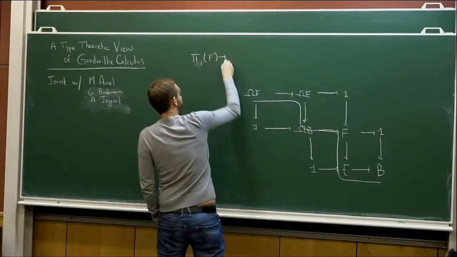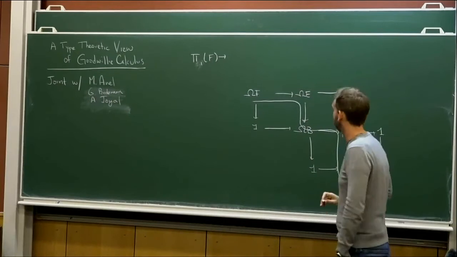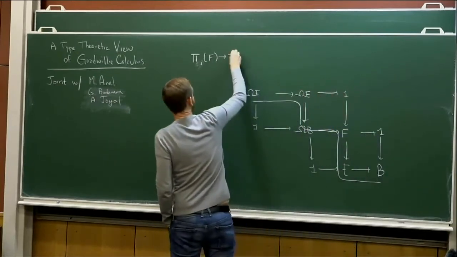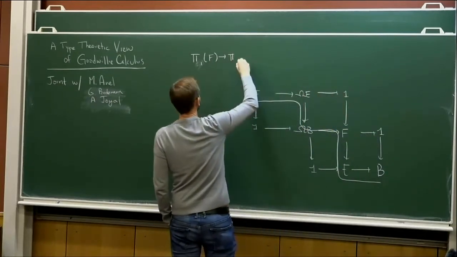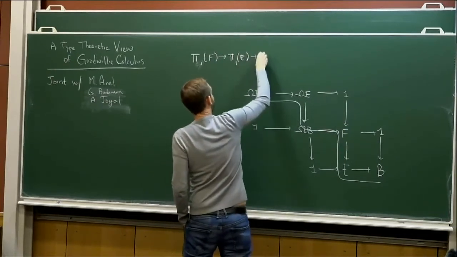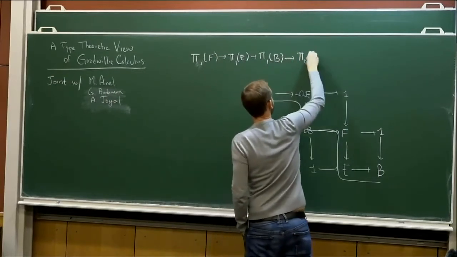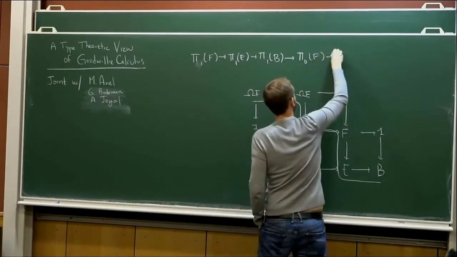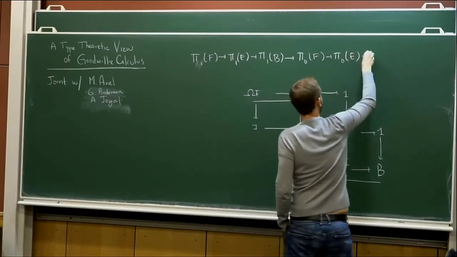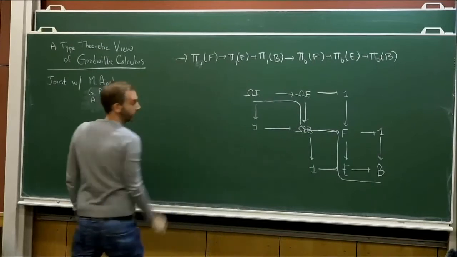So starting from some map and a choice of an element in the fiber, I get this long exact sequence: pi 1 of F, pi 1 of E, pi 1 of B, mapping down to pi naught of F, mapping to pi naught of E, mapping to pi naught of B, and of course I can continue the sequence as long as I like.